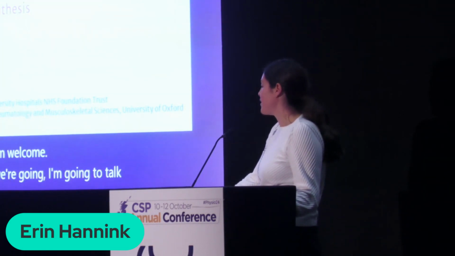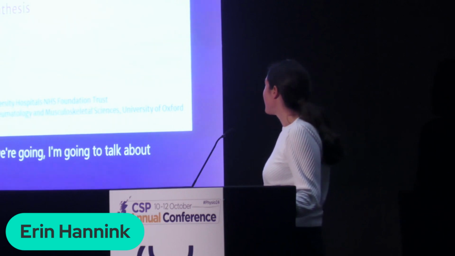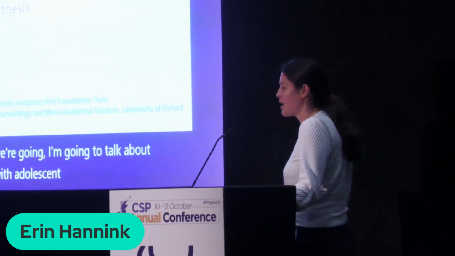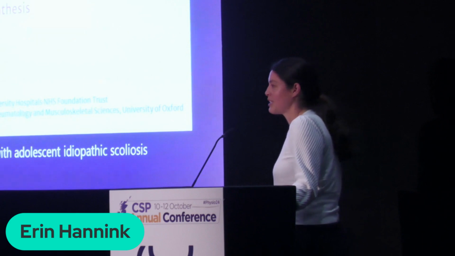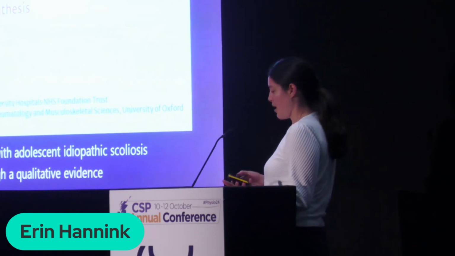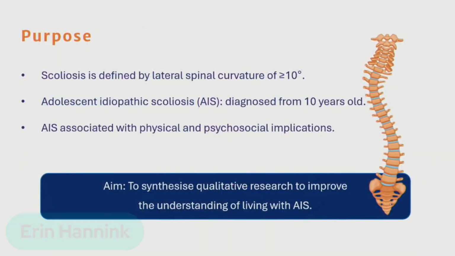Hi, thank you. So today I'm going to talk about the experience of living with adolescent idiopathic scoliosis, and this was done through a qualitative evidence synthesis. So a bit of context, just a reminder, scoliosis is defined by a lateral spinal curvature of at least 10 degrees, and specifically we'll be talking about adolescent idiopathic scoliosis, AIS, which is diagnosed from 10 years old.